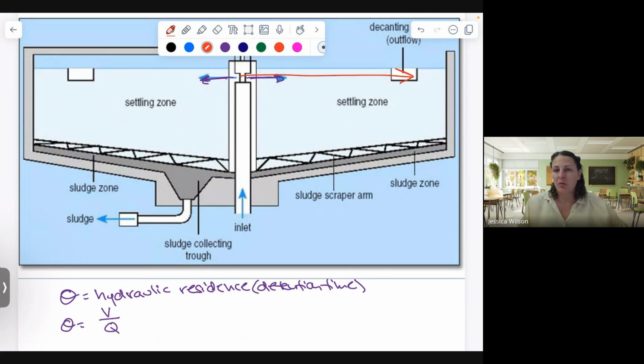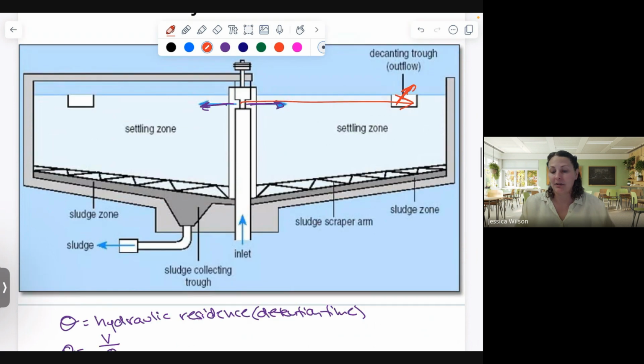So when I say that the water spends some time in the tank, that's not entirely true. We don't ever stop the flow of water in a treatment plant. However, we just slow it down. So the water comes into the tank and it's continually flowing out through this decanting trough, but it's slowed down to such a rate where the particles actually have time to settle.